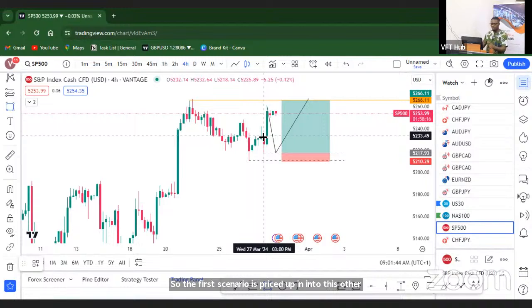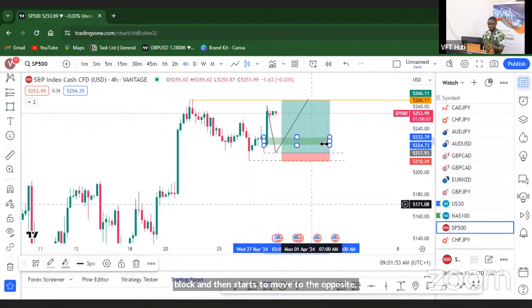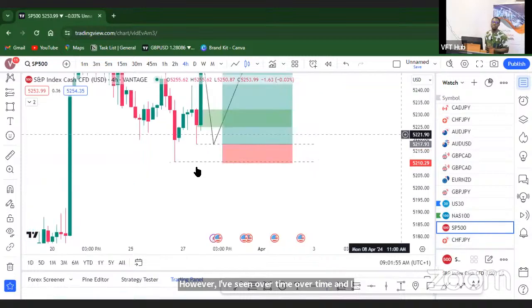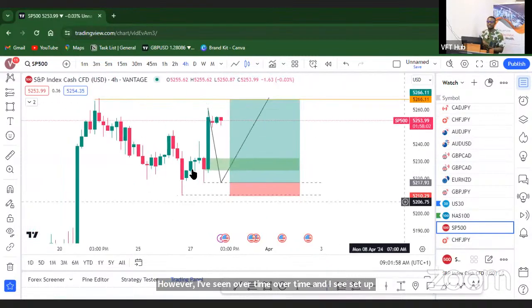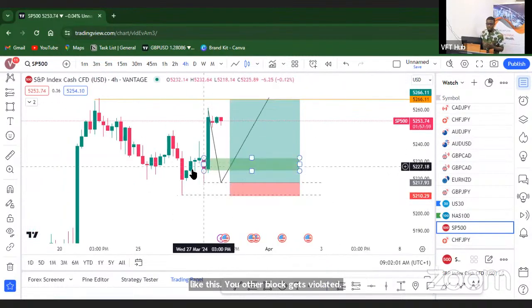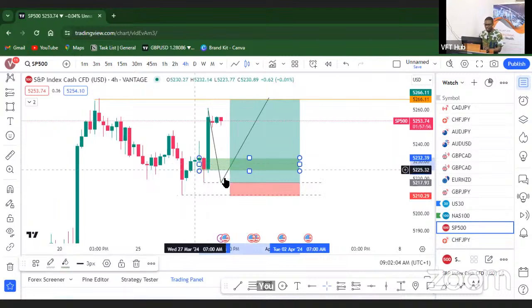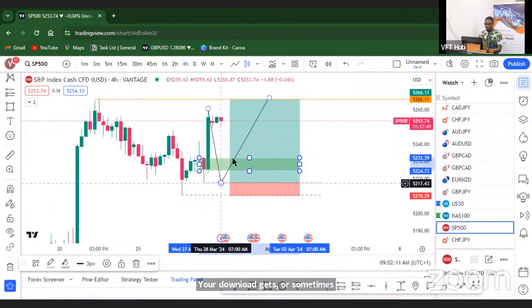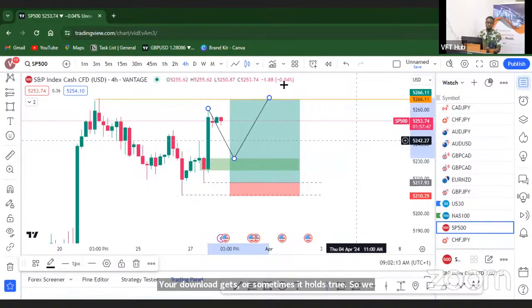However, I've seen over time, when I see a setup like this, the order block gets violated. But sometimes it holds too.